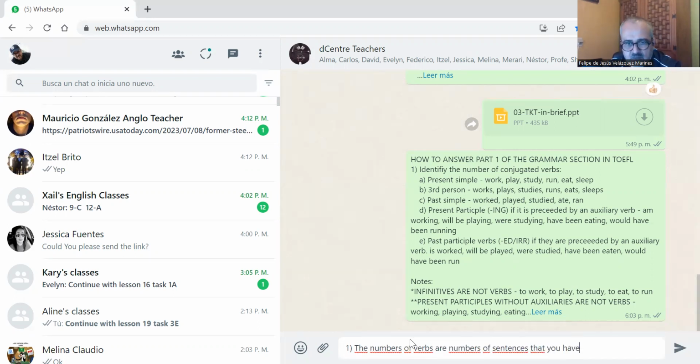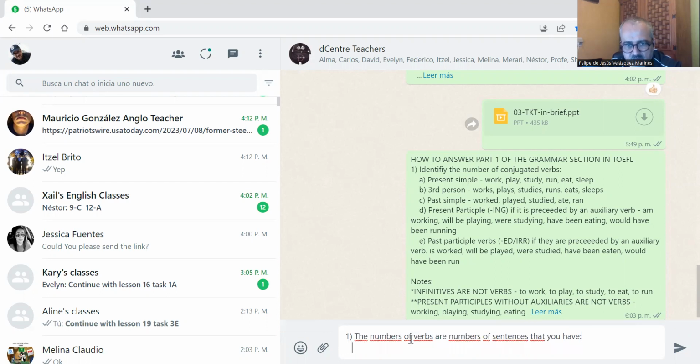So, in other words, the number of verbs equals the number of sentences. Okay? The number of verbs equals the number of sentences.